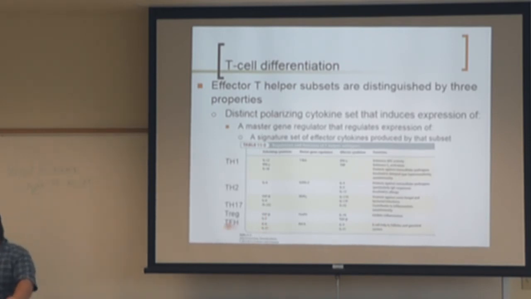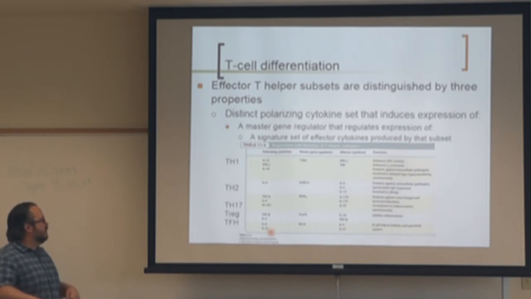And then we've got our T follicular cells. So again, IL-6, IL-21, and some of these cross over, but the combination of them will drive that one population.